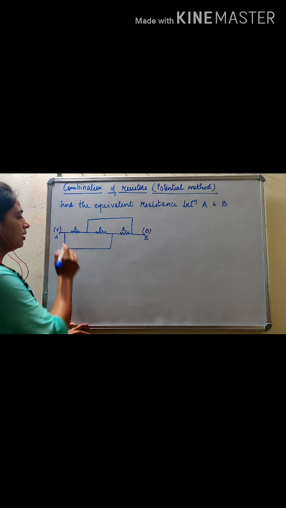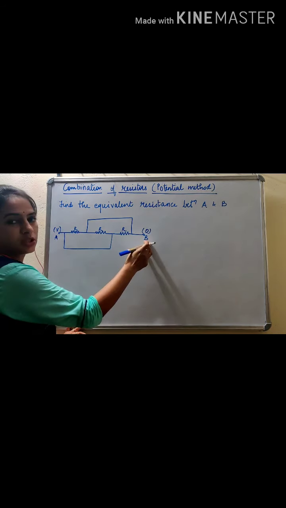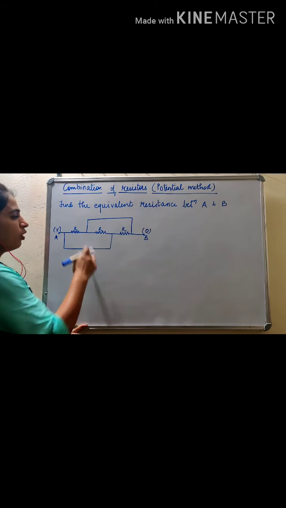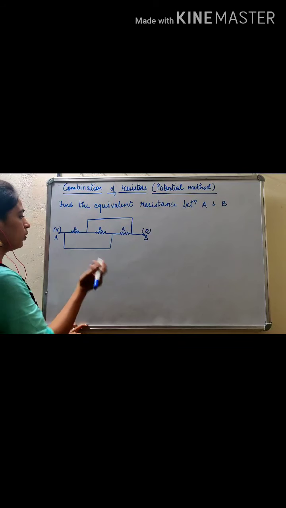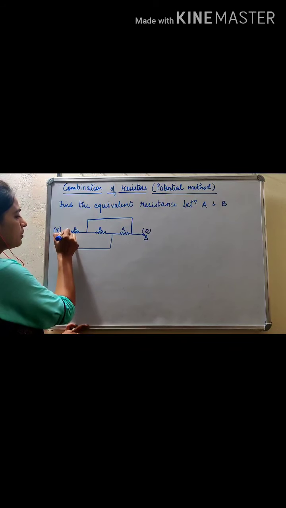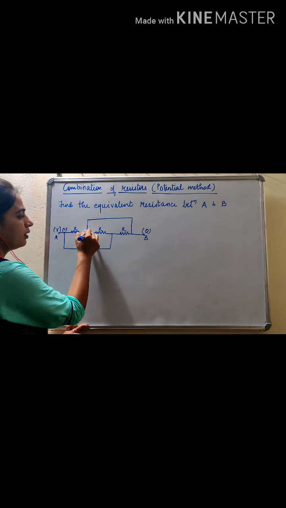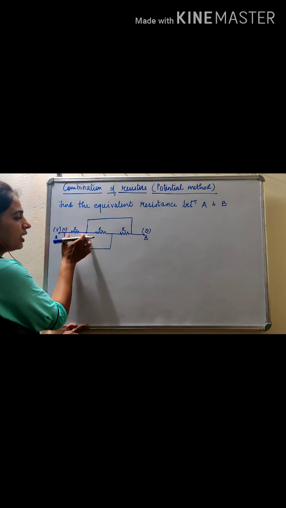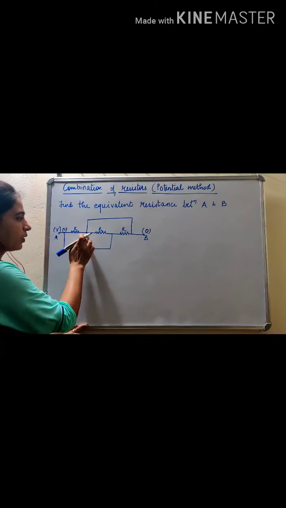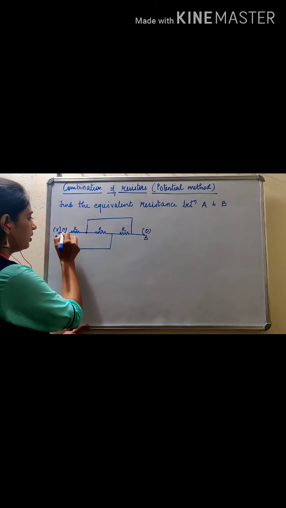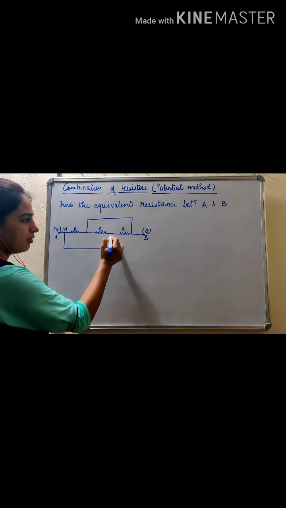Similarly, here we will consider the potential of A to be V and the potential of B to be 0. Now we will see whether the different points are at the same potential or not. This point will be V. Between V and this other point there is a resistance, so this cannot be V. Whereas between this terminal and this terminal there is no resistance, it is just a connecting wire.